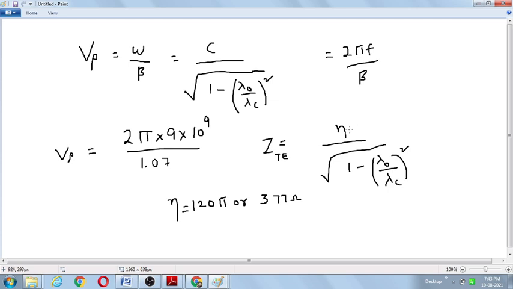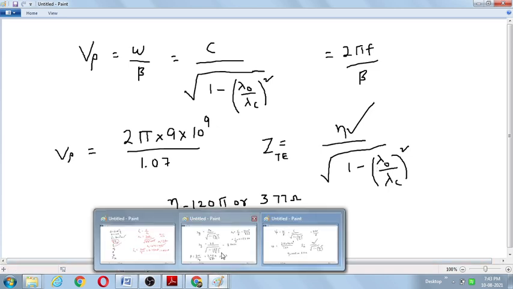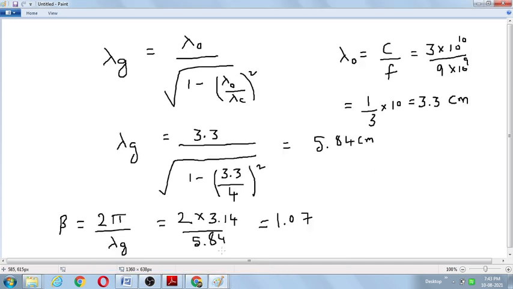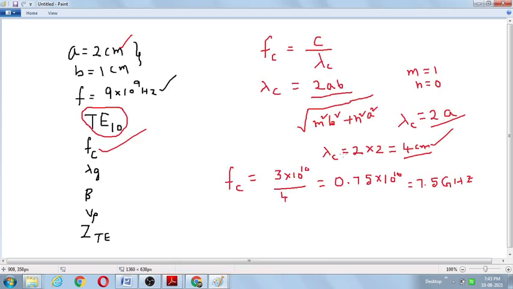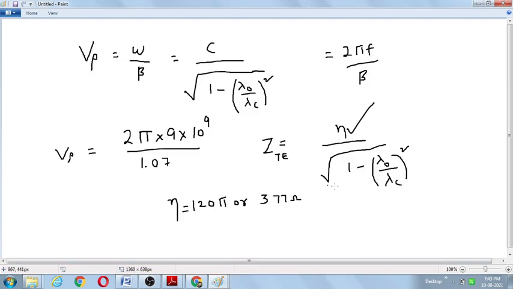Okay, eta is equal to 377 ohms. Here lambda naught is calculated, lambda naught is equal to 3.3 centimeters. Lambda c also calculated, lambda c is equal to 2a, that is equal to 4 centimeters. Substitute these values in this equation, you'll get characteristic impedance. Okay.